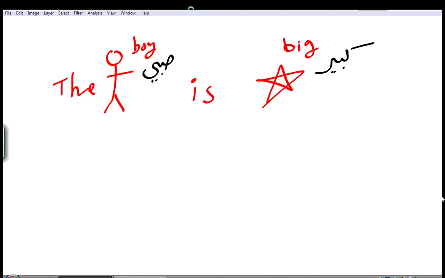Just a note about this. Since we're trying to describe a boy, which is masculine, then kabir, which is big, has to be the masculine form. Since we're describing a singular boy, a singular object, which is just one boy, then we would also use the adjective in the singular form.